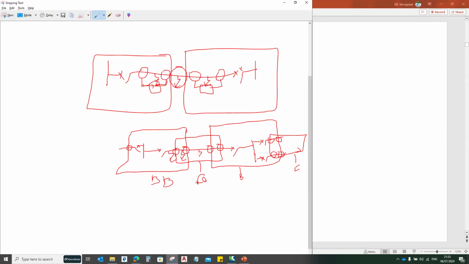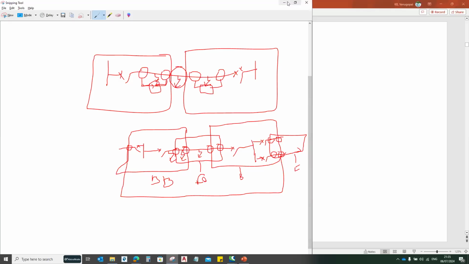If there is a fault here, only your feeder protection will operate. This is how I overlap my protection zones to overcome the blind zones, so that wherever a fault occurs from this point to this point, my protection relay will operate and trip the necessary circuit breakers. This is the blind zone concept.